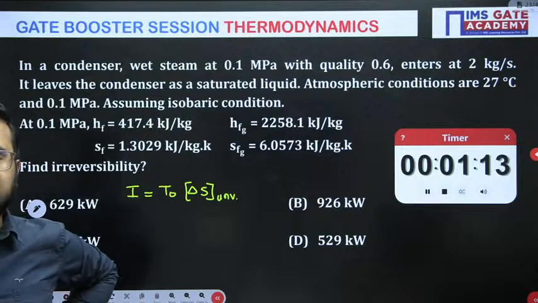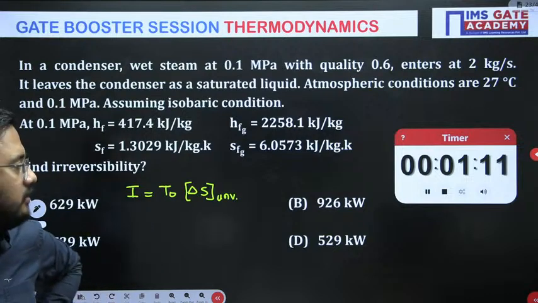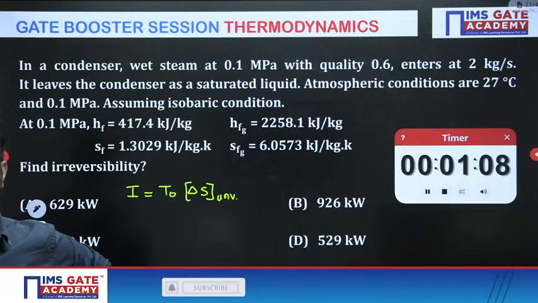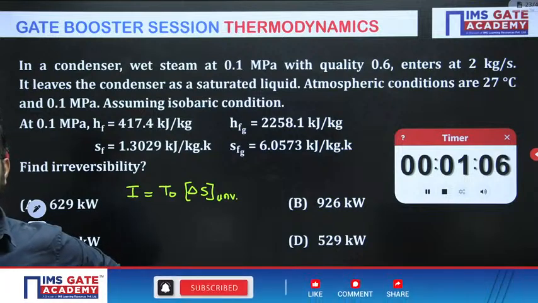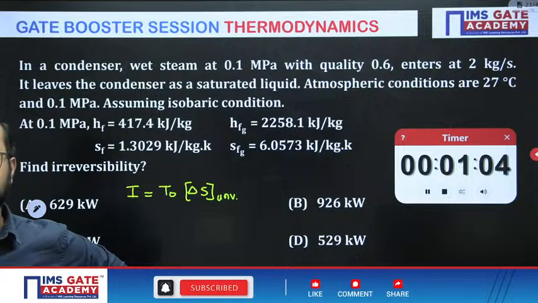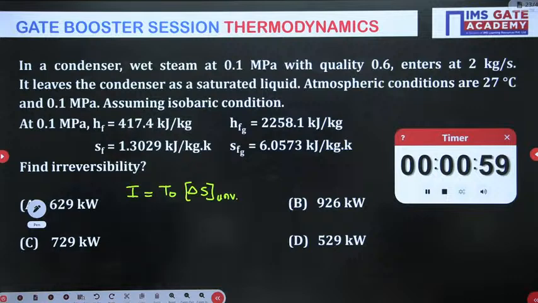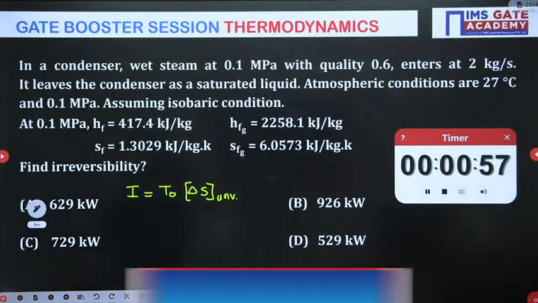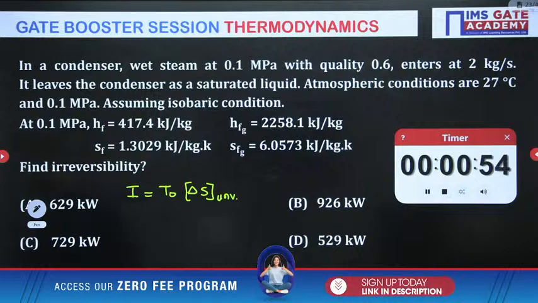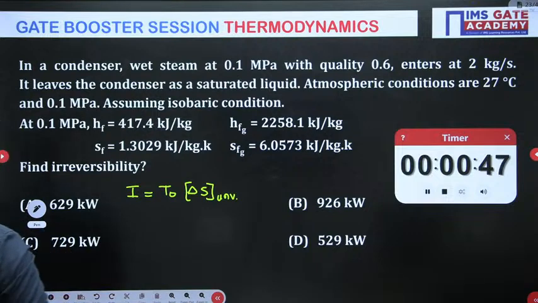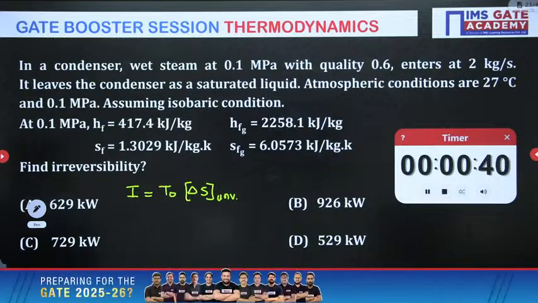Delta S of condenser, entropy change of condenser, then entropy change of surrounding. 729 is not correct. Just check your calculation.